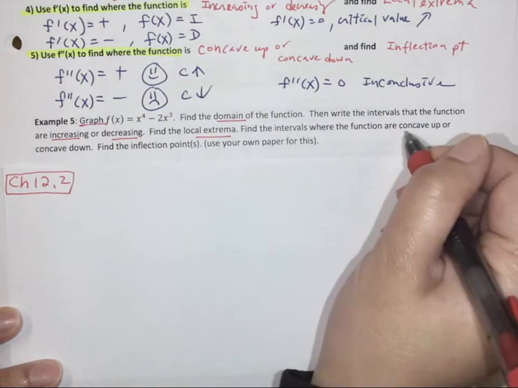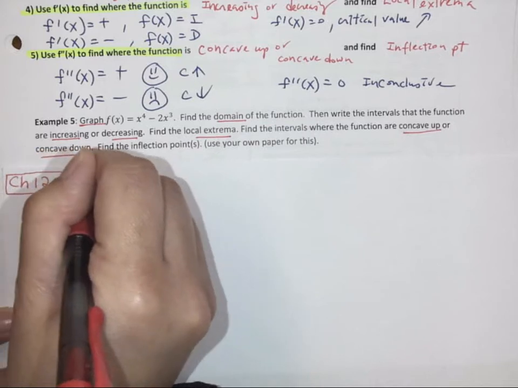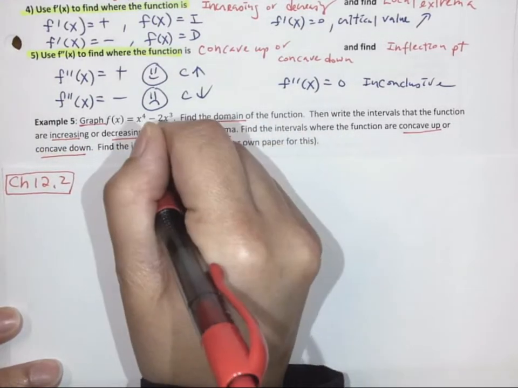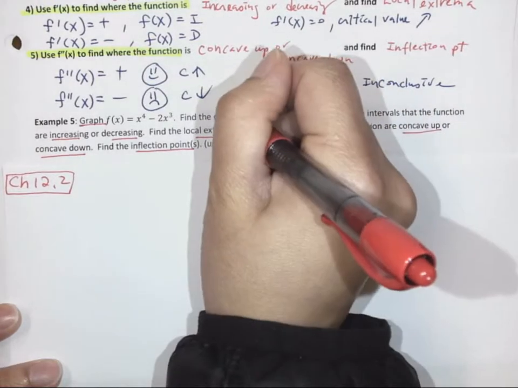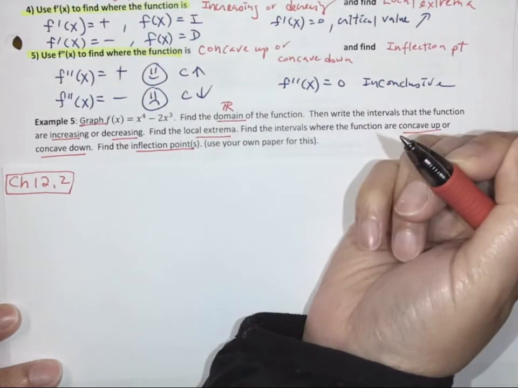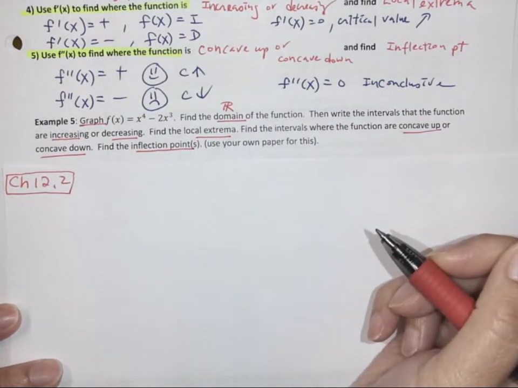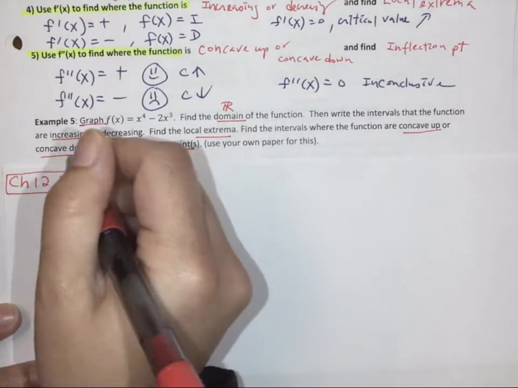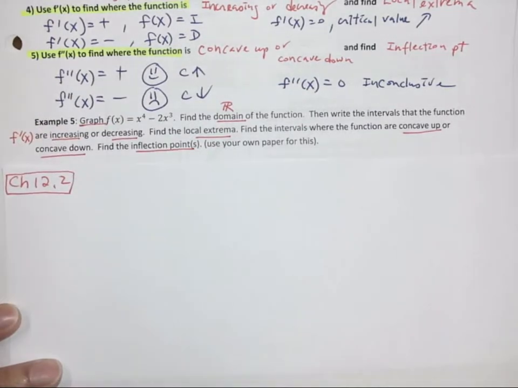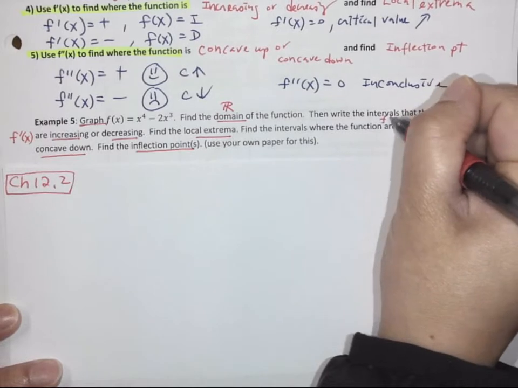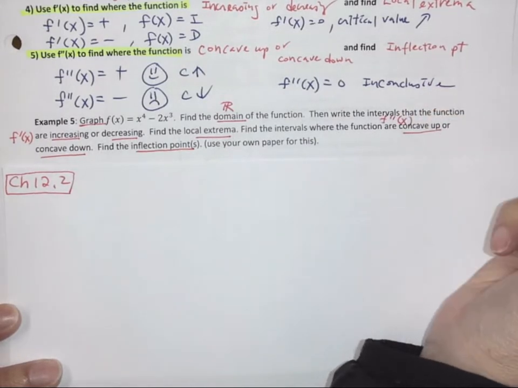And then find the concavity up and down, that's the second derivative. And the inflection point is where the concavity changes, right? So the domain I already know is all real numbers because it's a polynomial function. And increasing, decreasing, local extrema is the first derivative, concavity and inflection point is the second derivative, right?